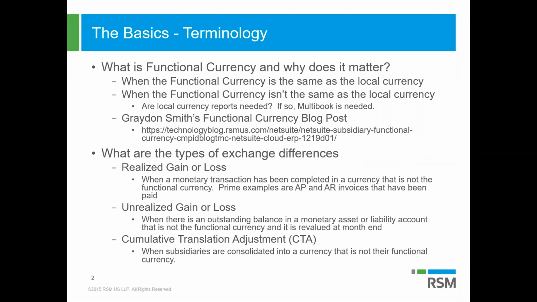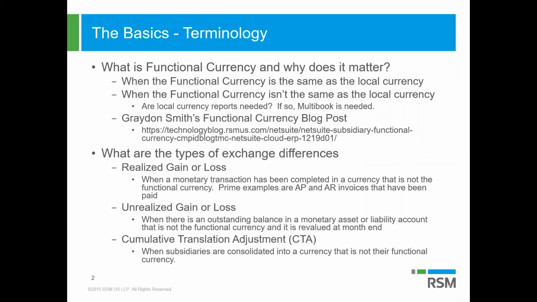If you're maybe just a sales office that doesn't have a significant presence in terms of brick and mortar, inventory, things like that, in many cases, a company will choose for the functional currency to be the parent's currency. So I have a sales office in Ireland, I'm a US company, I could choose to have the functional currency be the US dollar as opposed to the euro.